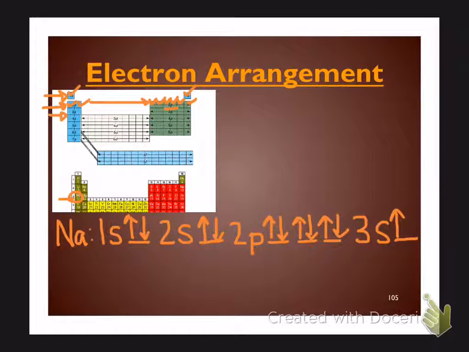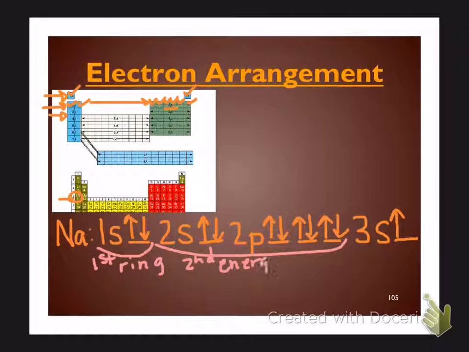Now, as we look at this diagram, we can relate it to the Bohr model of the atom, and notice that here we have the first level, which would be like the first ring in a Bohr model, and then the arrows that have 2s in front of them represent the second energy level. And then this 3s up is the third level.